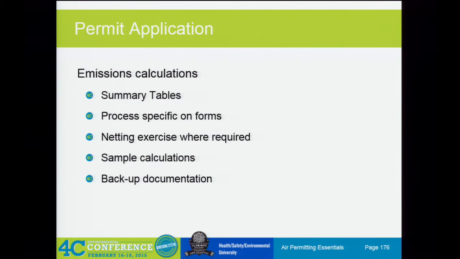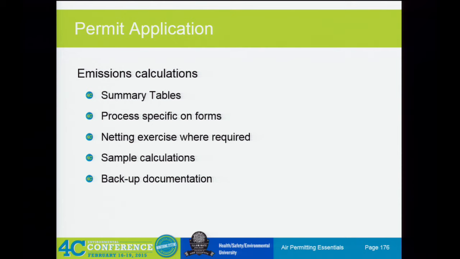For emissions calcs, it's usually best to present them in an organized fashion, because you have to realize that somebody is going to be reading these that was not involved in the preparation of them. So you have to be very thoughtful about presentation. So you always want to think about presenting emissions calcs as a story. You'll do a narrative description of your emissions calcs, as well as tables that summarize them nicely and then go into more and more detail in succession.